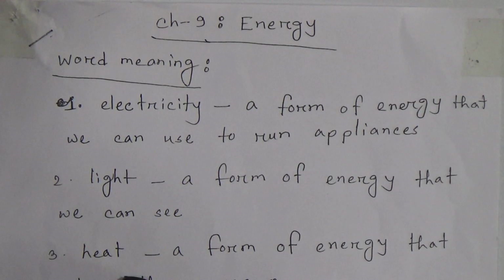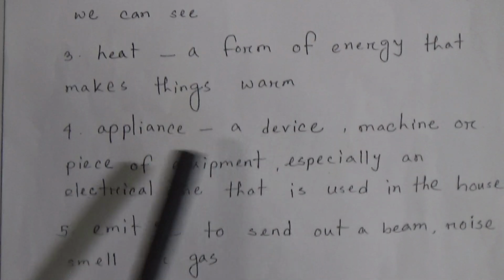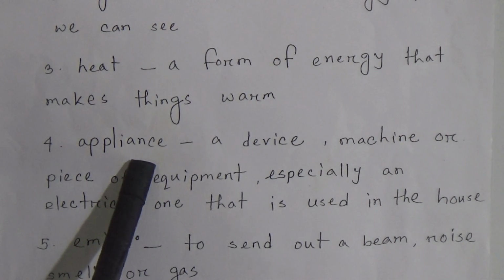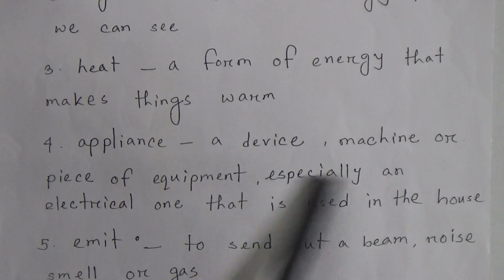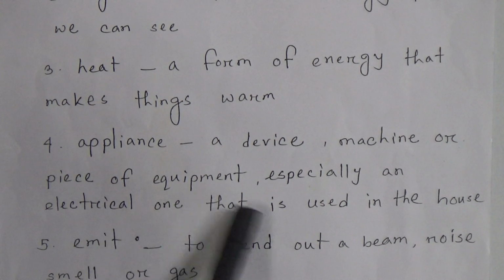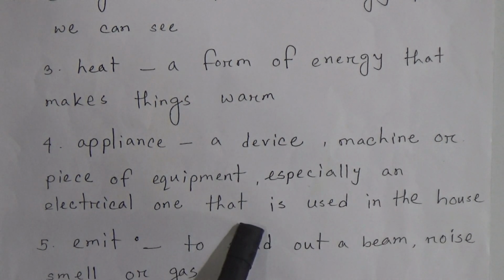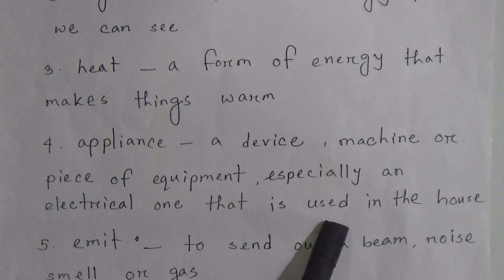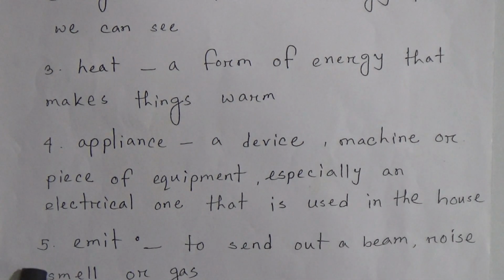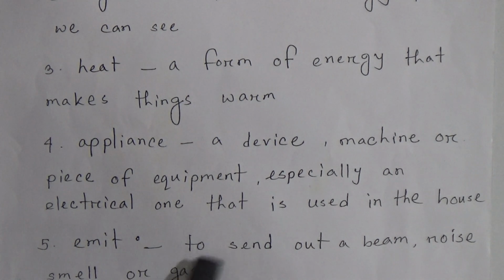Number 3, heat, a form of energy that makes things warm. Number 4, appliance. Appliance means a device, machine or piece of equipment, especially an electrical one, that is used in the house. And number 5, emit. Emit means to send out a beam, noise, smell or gas.